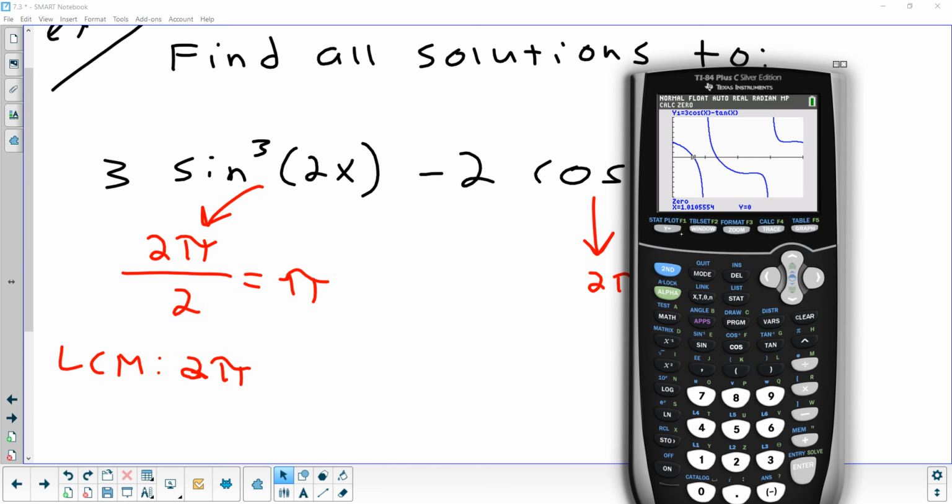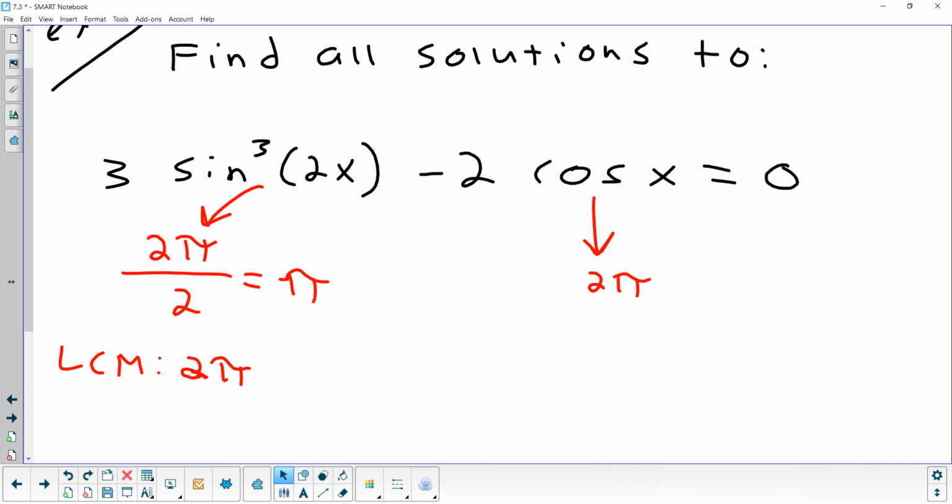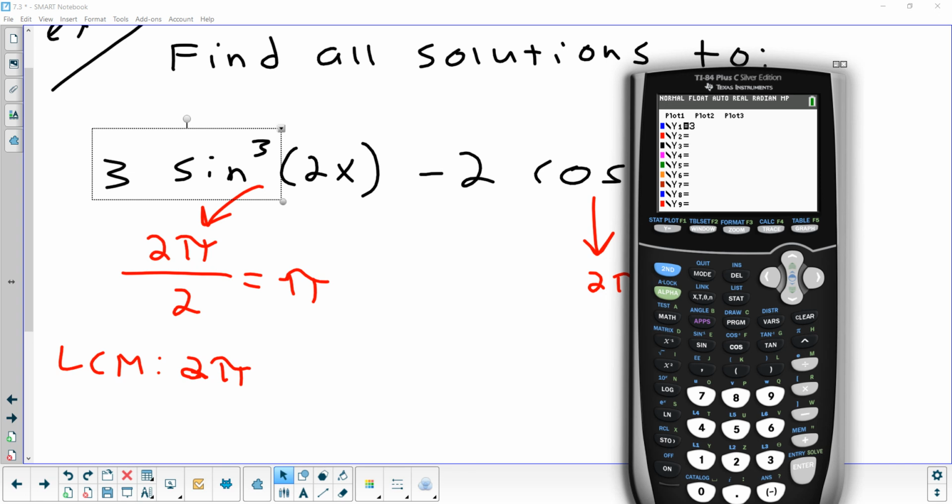Be a little careful with parentheses here. So we're doing 3 sine cubed 2x. Here's how you type it in. You don't want to cube the 3 in front. In other words, you don't want to turn this 3 into a 27. So type it in as 3, and then put parentheses around what we want to cube.